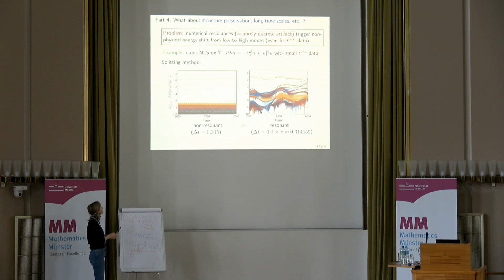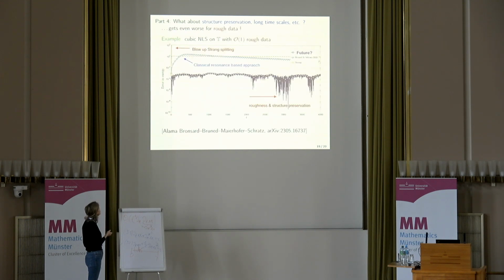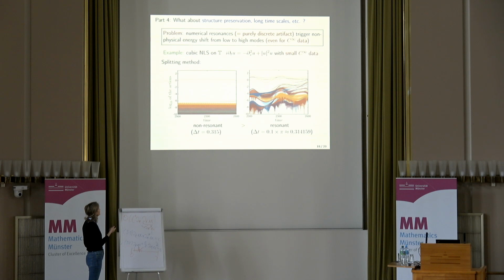But I think this is why it's so difficult in the structure preservation of PDEs: refining your mesh does not help. If you look closer, the resonance step size is actually smaller than the non-resonance step size. So for the larger step size, for the larger discretization, you get a better result than for the smaller one. And this is even for C-infinity data.